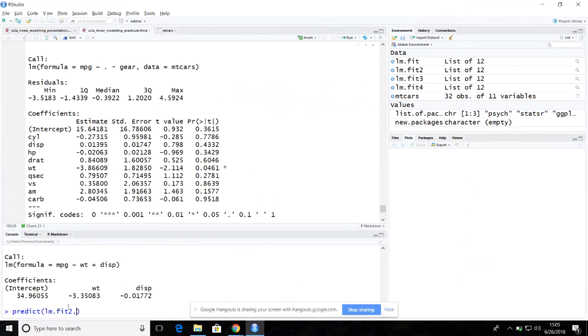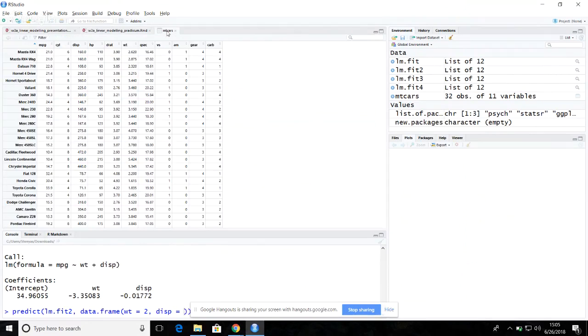lm.fit2, comma. Remember, we need to use the data frame and column names that are the same as your variable. So our variable is wt equals, say, okay, I'll take only one value. Say 2,000 pounds. And your displacement is, what is a good value? Say we pick 150.